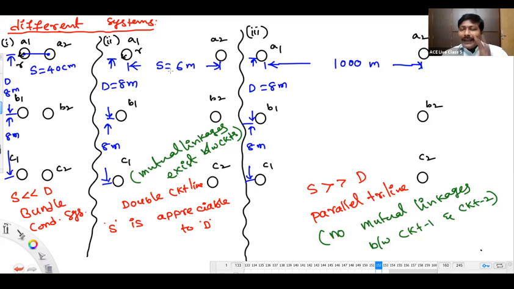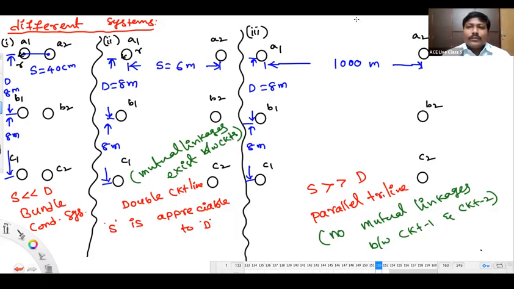So we have some difference in the calculation of GMD for a double circuit line compared to a bundle. GMR calculation will be as it is, but for GMD we have some difference in the calculations.